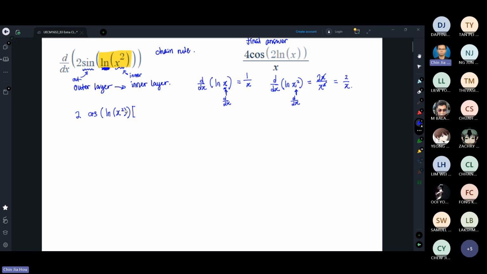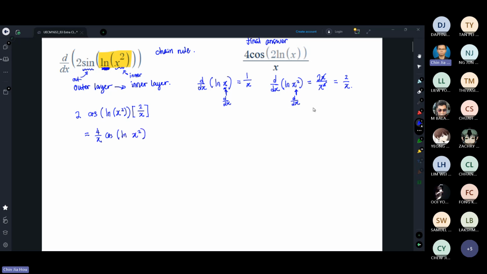So we write 2 over x here. That's what we get if we differentiate the ln of x squared. In the end, we get 4 over x cos of ln x squared.